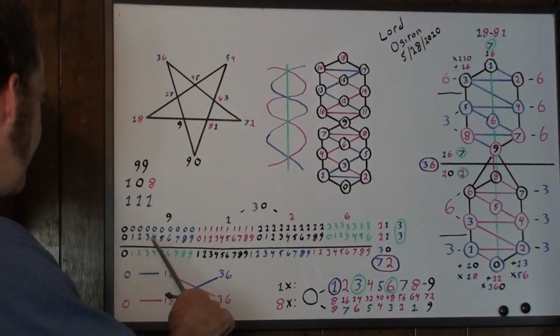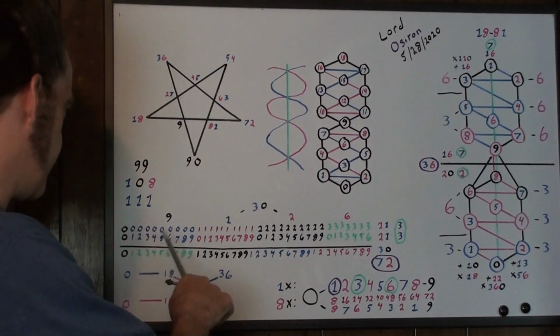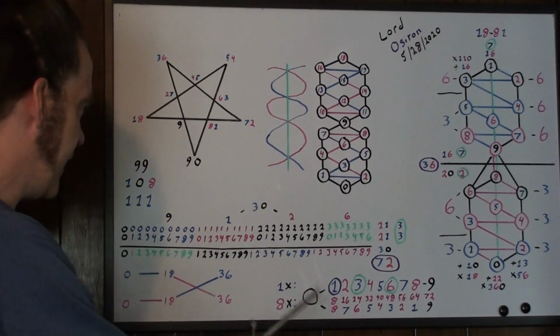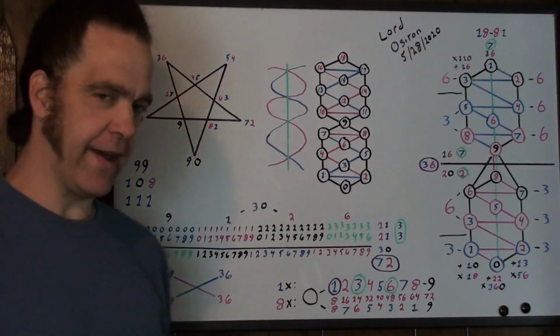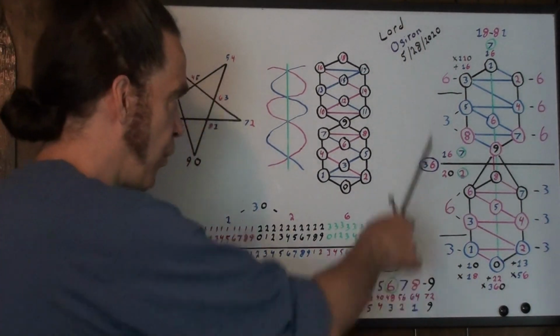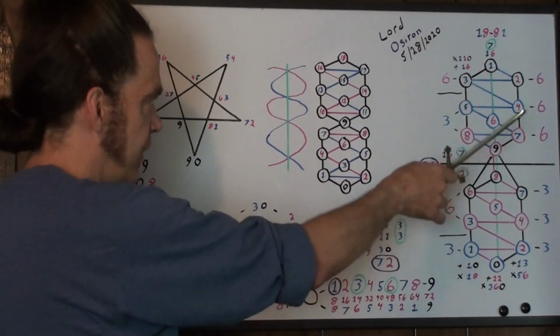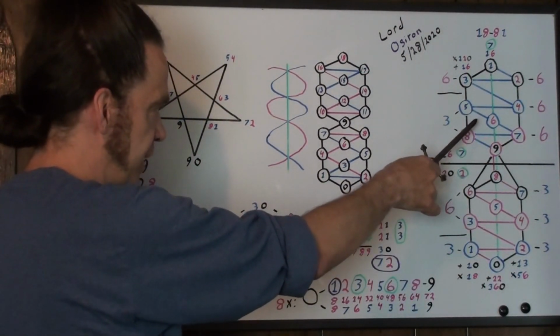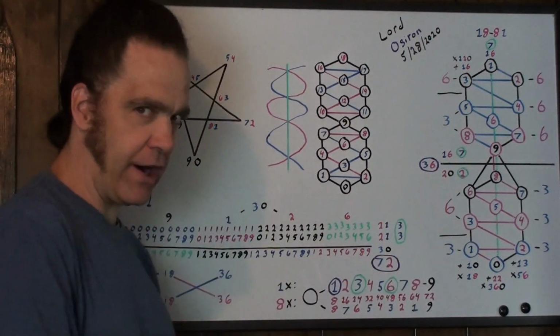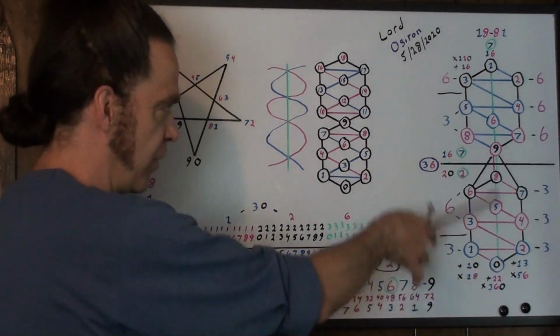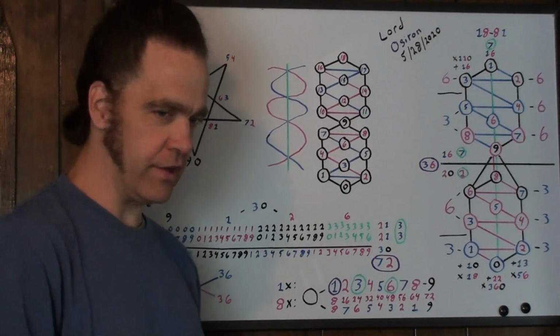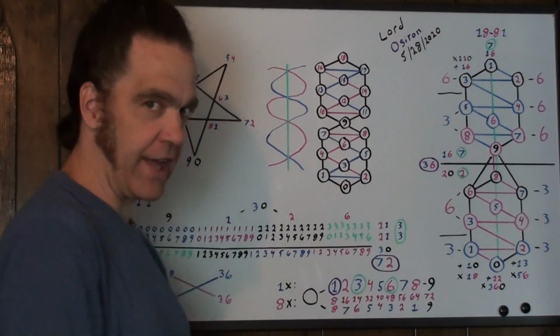So what you have here is the numbers 0 through 36 written out. The color codes correspond to the elements of the true tree of life in both sections of the tree of life. The upper part is what the Kabbalistic tree really is, and the lower part would be the klipoth, but it's not evil. They work together.